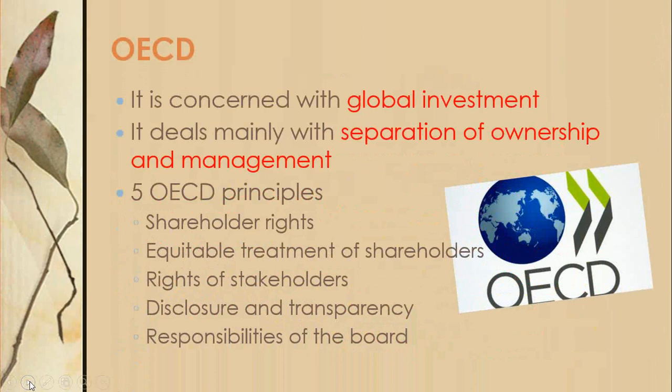Shareholder rights: the right of the shareholder to participate and vote in general meetings, the right to remove the board of directors, the right to obtain relevant material information, and the right to get timely information. So that is principle number one.